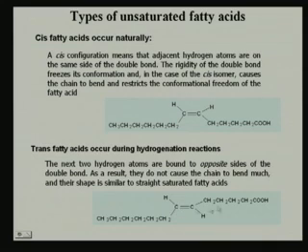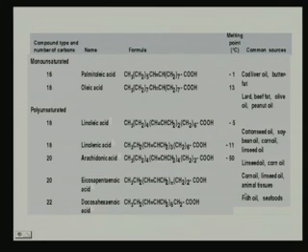So, this is the trans form of this fatty acid, trans form arrangement. And here, as their positions are like this, we don't get much kink or bend in this double bond side.